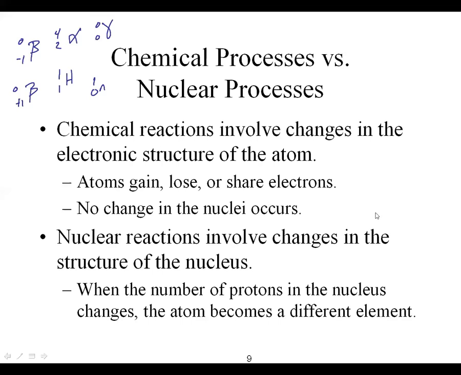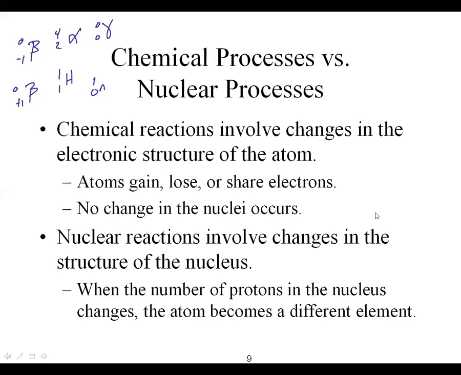All right, so again, we touched upon this a couple of times last time and just a second ago as well, but just to remind you, there's a very big difference between chemical processes and nuclear reactions. In a traditional chemical reaction, we really are only changing the electrons, those guys on the outside of the atom.